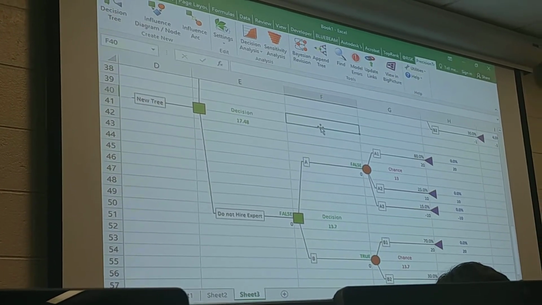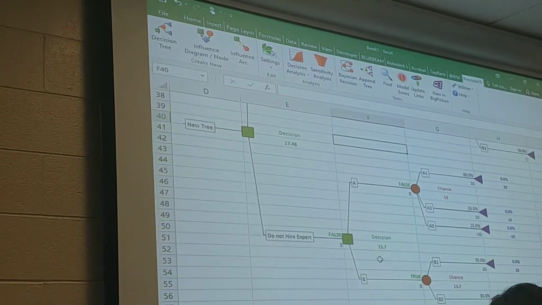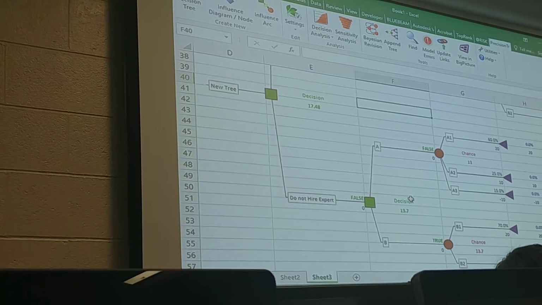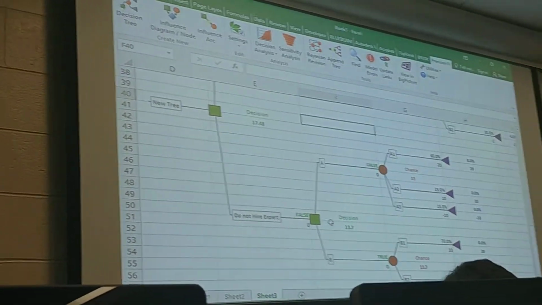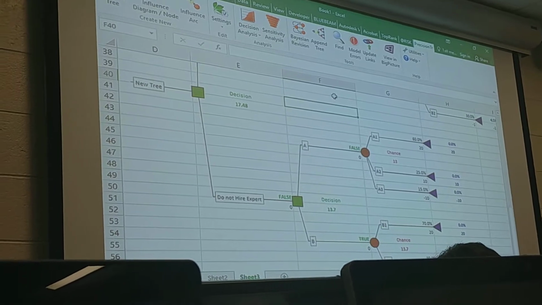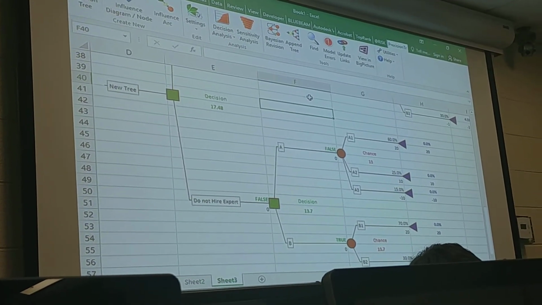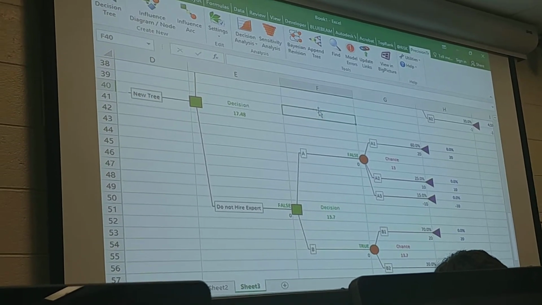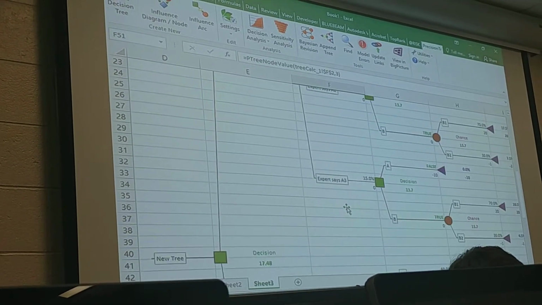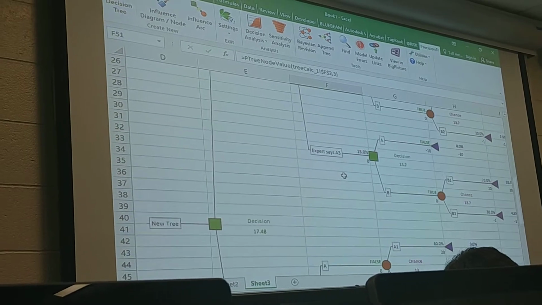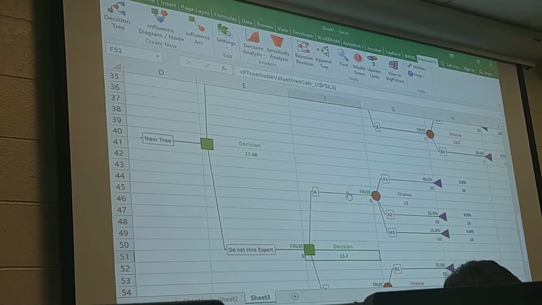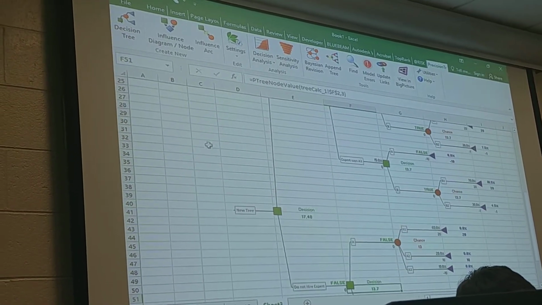If it was a minimization problem, and you were minimizing the expected cost value, you would be looking for the decision that results in the lowest EMV value. But in this case, the EMV of hiring an expert is higher, so it would be better to consult this expert.